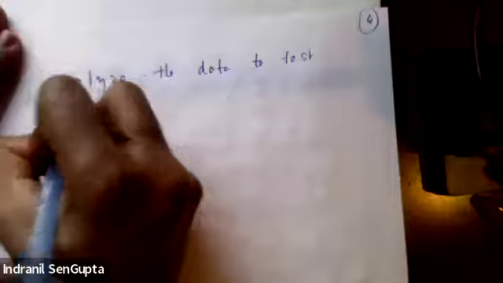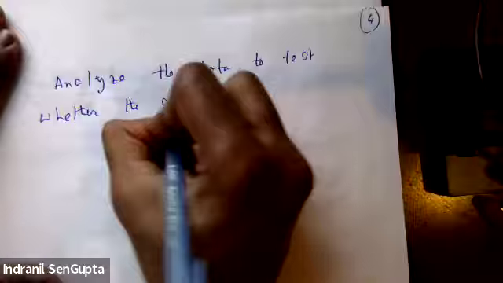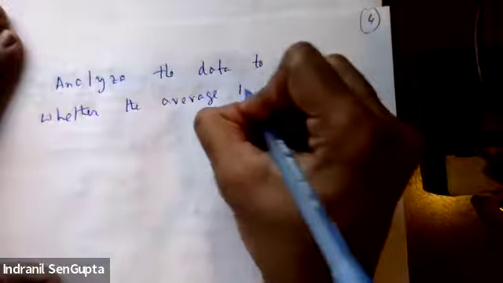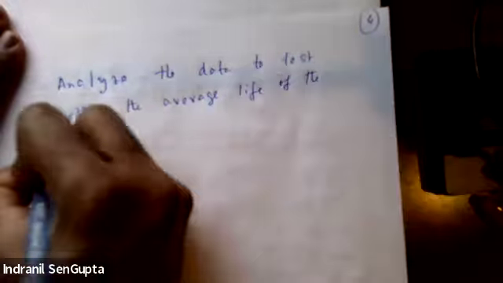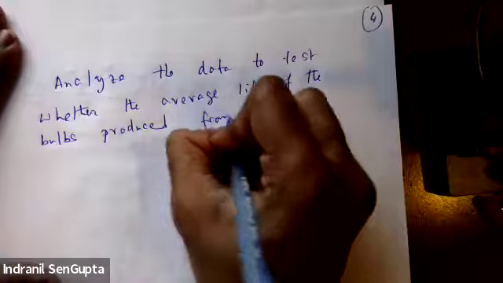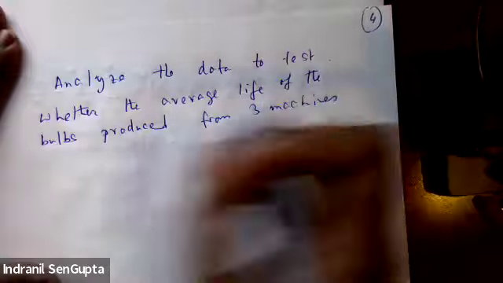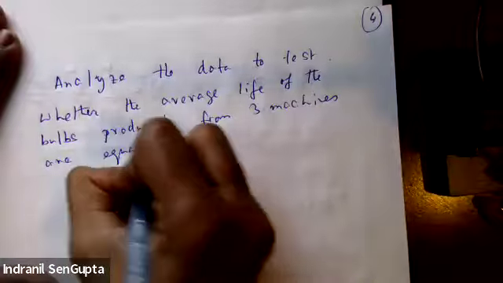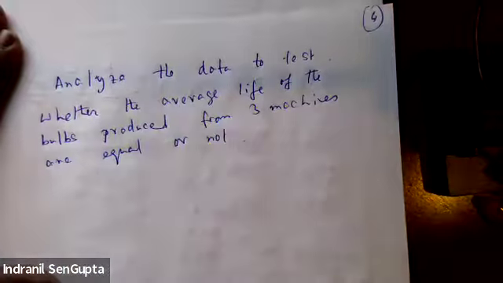The question that we're trying to address is the following: analyze the data to test whether the average life of the bulbs produced from 3 machines are equal or not.